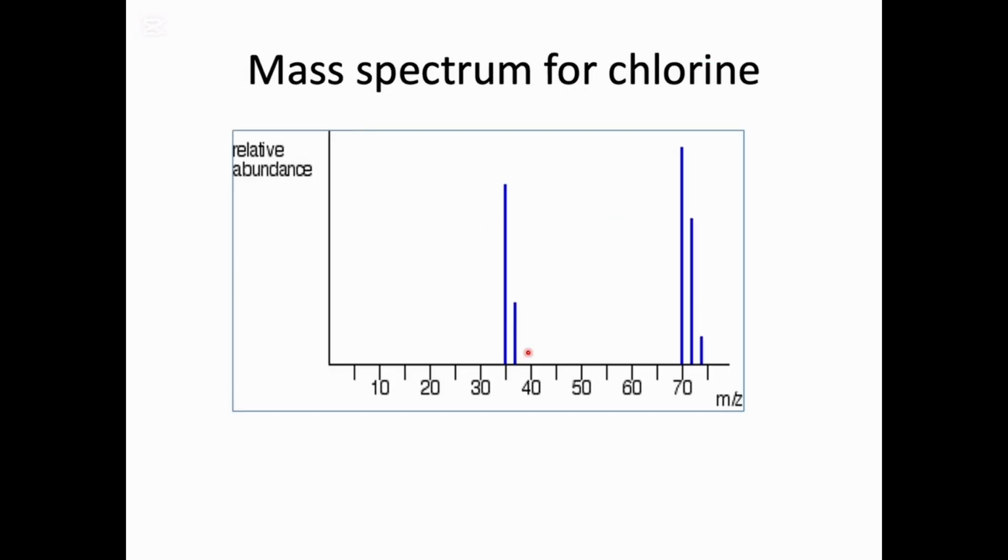So this is your mass spectrum for your chlorine. Here you have your chlorine 35 and here you have your chlorine 37.